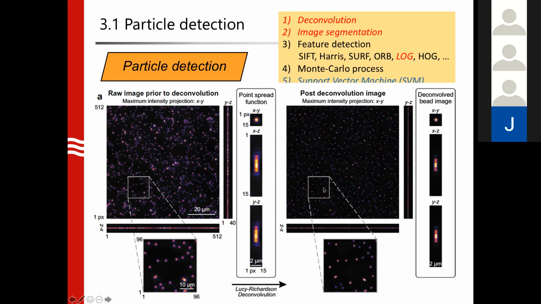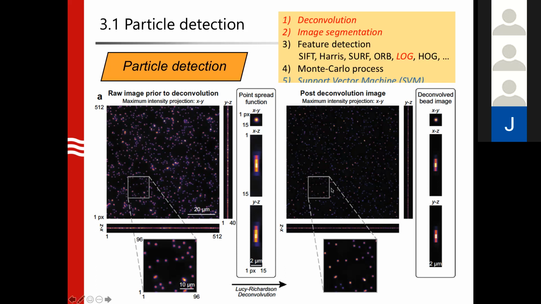In the deconvolved image, you can see the particle radius is much smaller than in the original image. So using this deconvolved image, you can better find the central position of the particles, and then use these positions to apply the particle matching or linking.